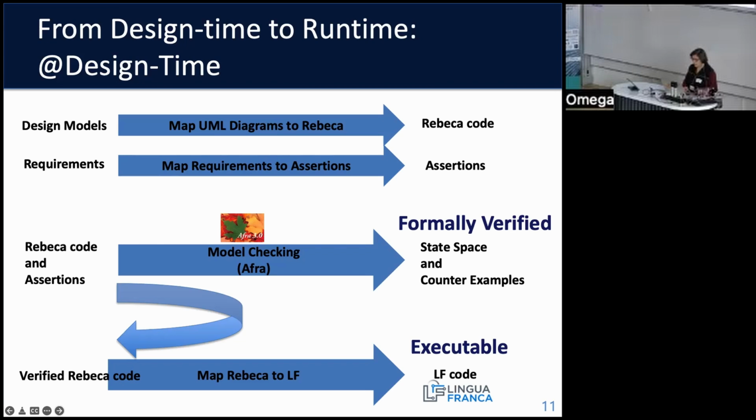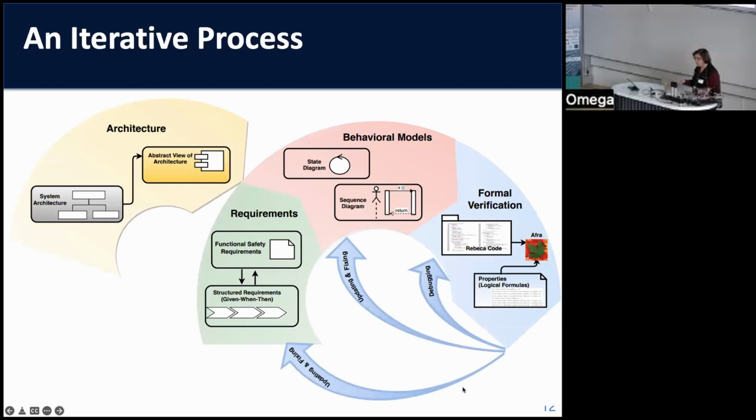So we actually completed the cycle from design models to an executable code. And as I told you, it's an iterative process. So you have to go back and forth between requirements, behavior model, formal verification, Rebeca model, LF, and you may find bugs and you have to go back and forth like other processes in software engineering.